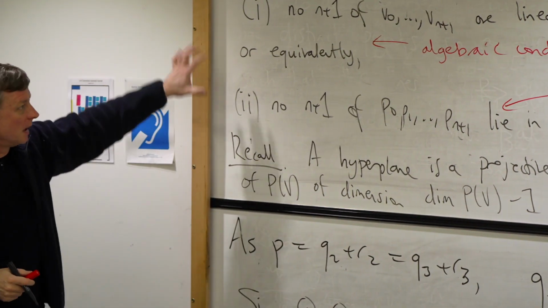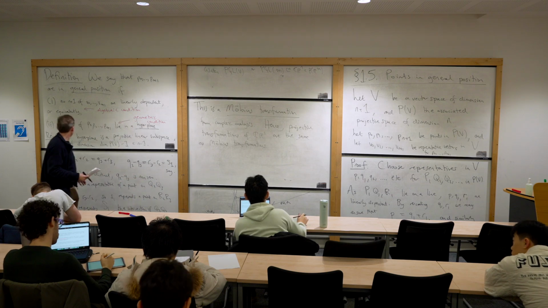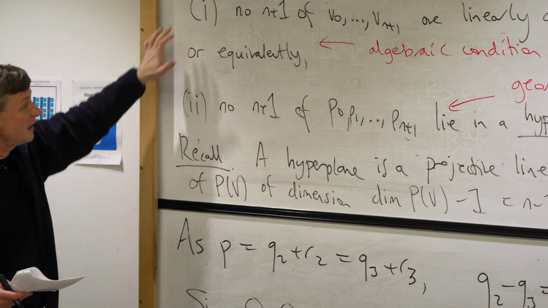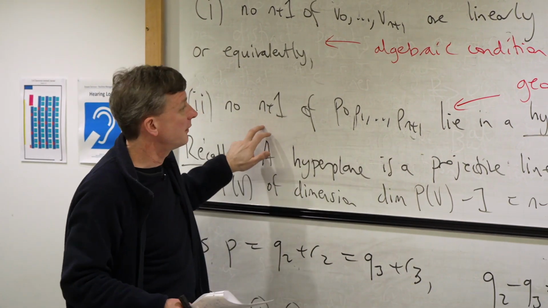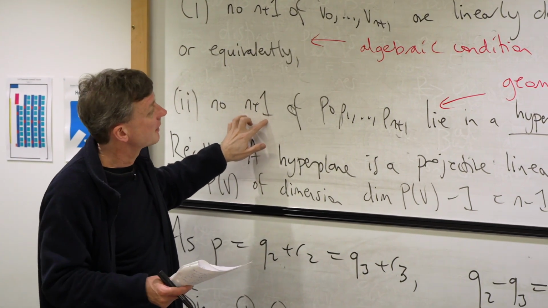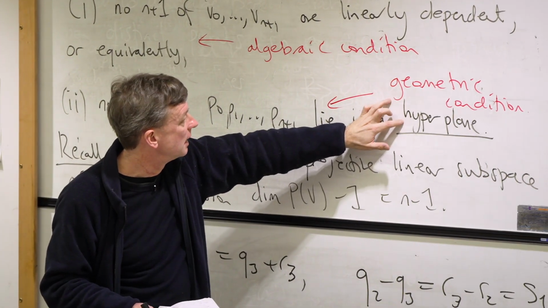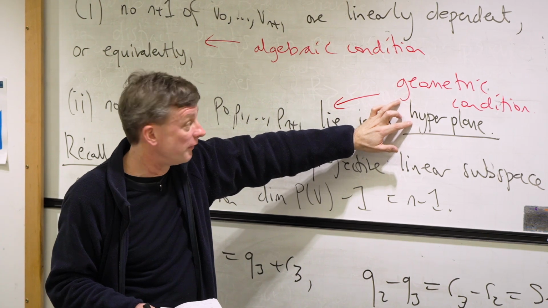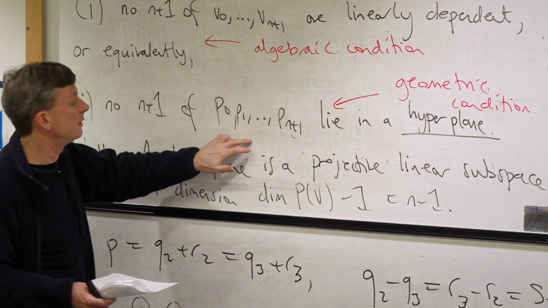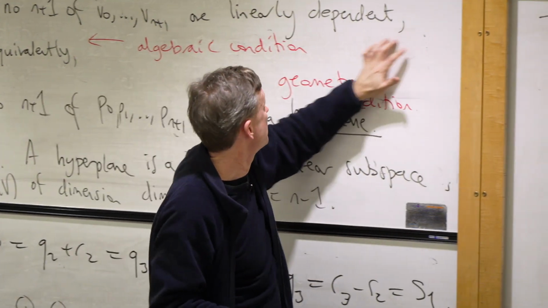Well, to see that 2 implies 1, if n plus 1 of these guys lie in a hyperplane, then n plus 1 of their representative vectors lie in a subspace of dimension n of V, which is the vector space lying over the hyperplane. So then n plus 1 of those representative vectors have to lie in a vector space of dimension n, which forces them to be linearly dependent.